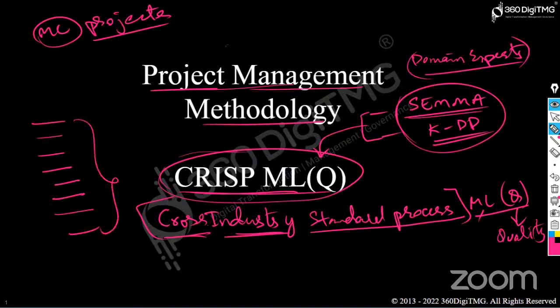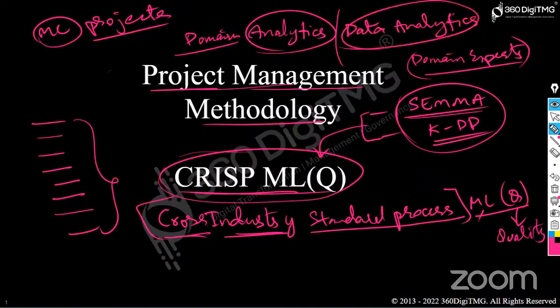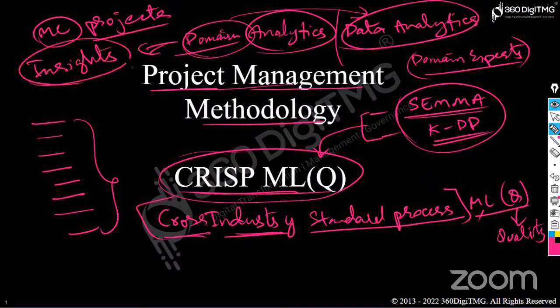So before this, we just need to understand some of the steps for any domain analytics, any data analytics. Why I'm saying data analytics is because it is with respect to the domain. We have the data and we are dealing with it, and we are extracting the insights out of it.